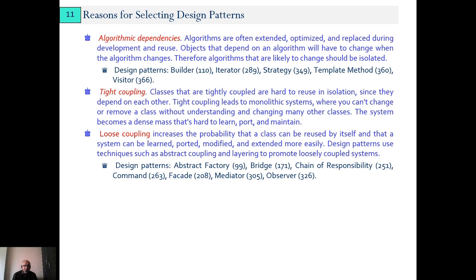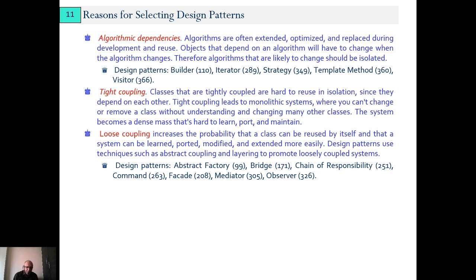So the design pattern should address tight coupling, to work out with the monolithic systems and loosely coupled kind of system. So we promote loosely coupled systems so that they could become flexible enough. Examples of this could be facade, mediator, observer.